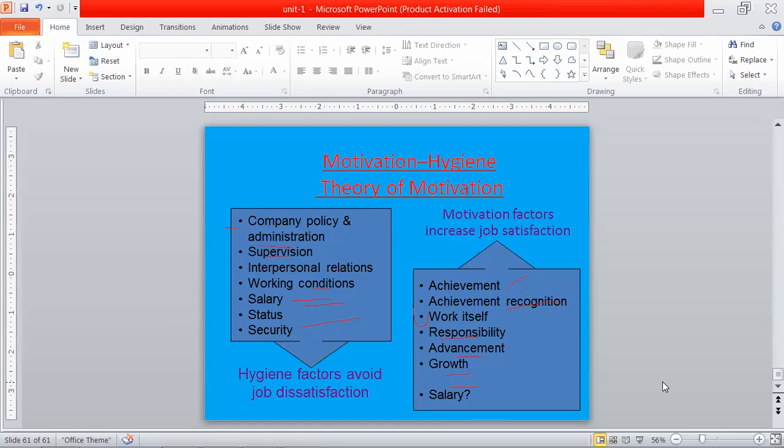Automatically you will get mood disturbances and negative thoughts, and you cannot sit in the classroom. This is a simple example which can be applied in the factory also.